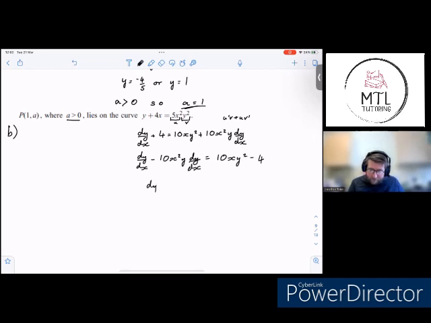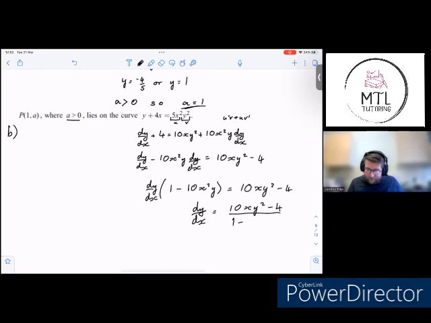We want dy by dx to be the subject, so we're going to factorize this left-hand side. So dy by dx equals 10xy squared minus 4 over 1 minus 10x squared y. Now, they didn't actually ask for that, so we don't need to worry too much about how neat and tidy that is, although that does look fully simplified.